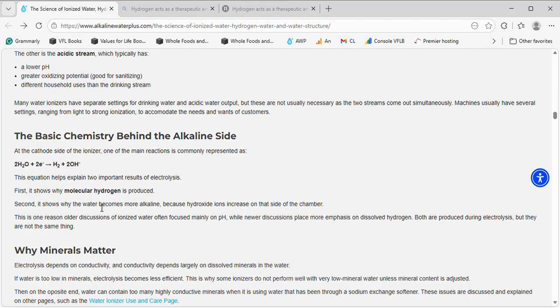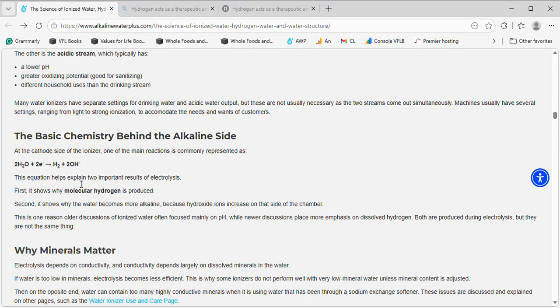Now, here's a little section on the basic chemistry behind the alkaline side. And this is the chemistry that Dr. Ota was focusing on. So in goes two H2O molecules, and then it is exposed to the electrode, which is negatively charged, and out comes hydrogen, H2, and two OH, negatively charged molecules.